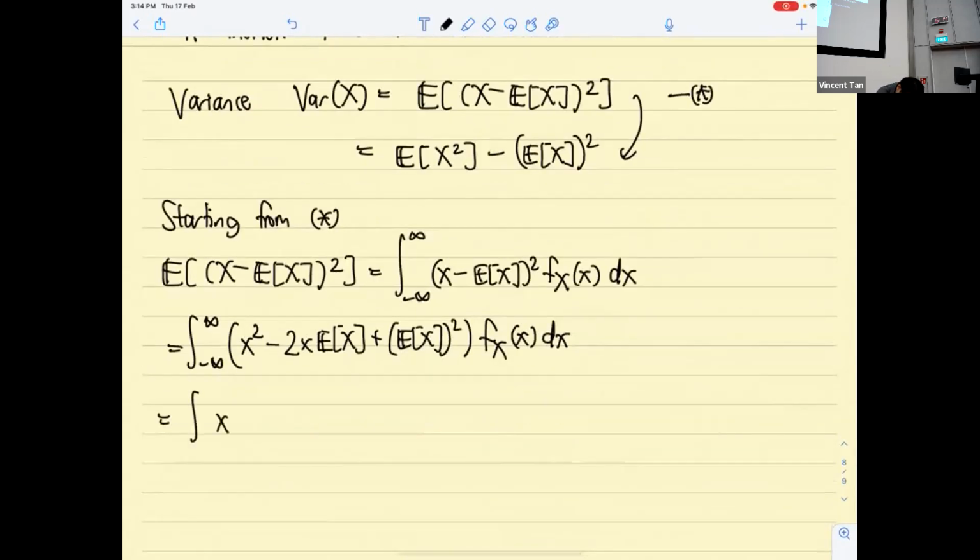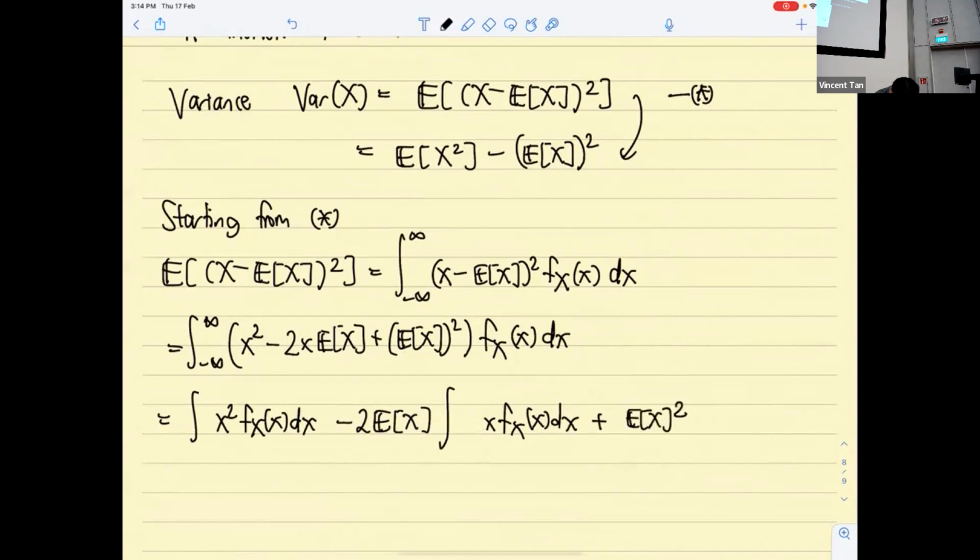So you have x squared f_X(x), this is where the second moment comes in. Then we have minus the expectation value of x can come out of the integral, the 2 can also come out, and you integrate x f_X(x) dx, plus expectation value of x all squared.